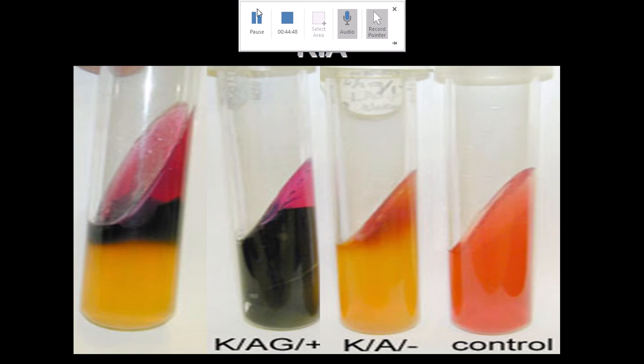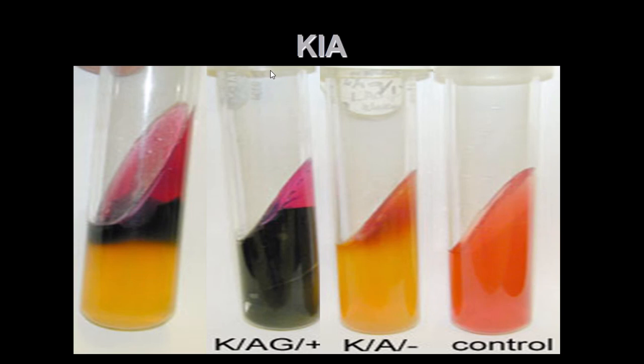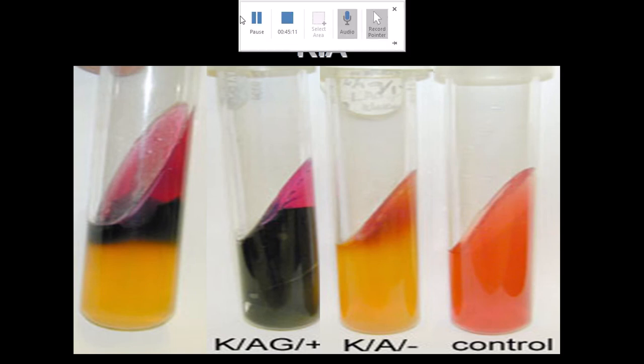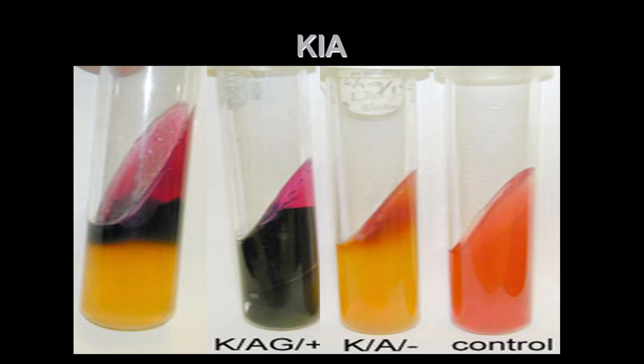Kligler iron agar, we call it, or TSI, triple sugar iron. The Kligler iron agar contains only two sugars, which are glucose and lactose. The TSI, the triple sugar, has glucose, lactose, and sucrose at the same time. So Kligler is the one that we are using the most.